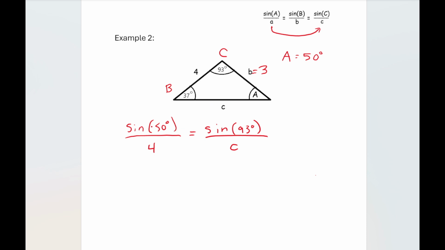Sine 50 degrees divided by 4 would give us our 0.2. And if you wanted to simplify this as well, sine of 93 degrees equals 0.99. We'll bring our C down.